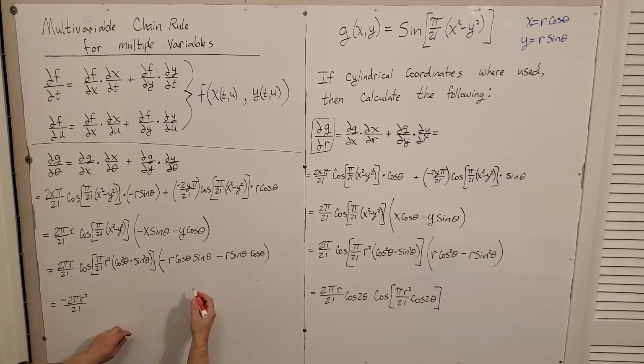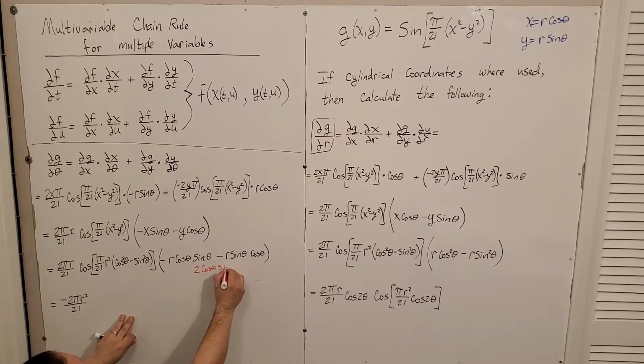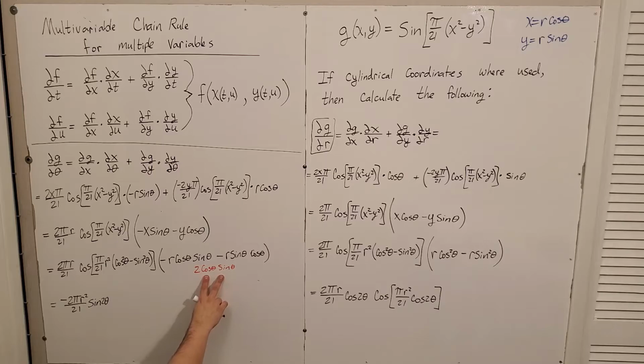I factored out the negative r. This is going to be 2 cosine theta, sine theta, because there's two of them, right? They're just adding up. So that leaves me with sine 2 theta. That's this times cosine of pi r squared over 21 and cosine 2 theta.